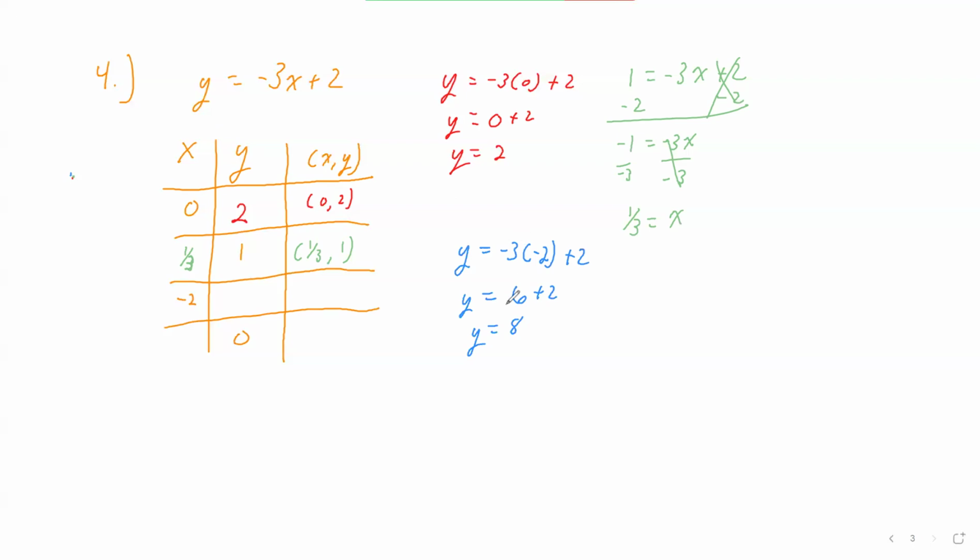Two negatives make a positive, and then 3 times 2 is 6. And then now we have our coordinate of -2, 8.